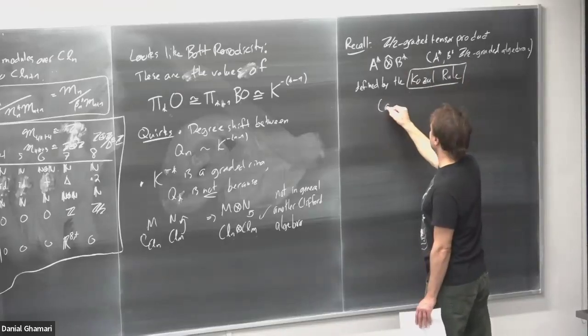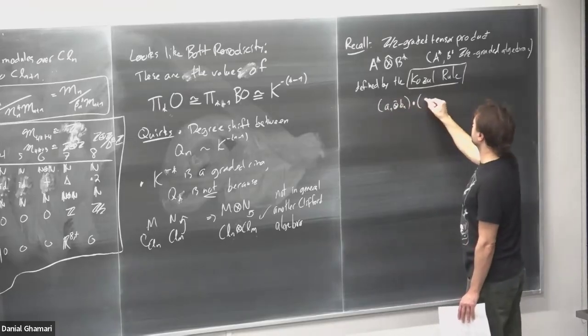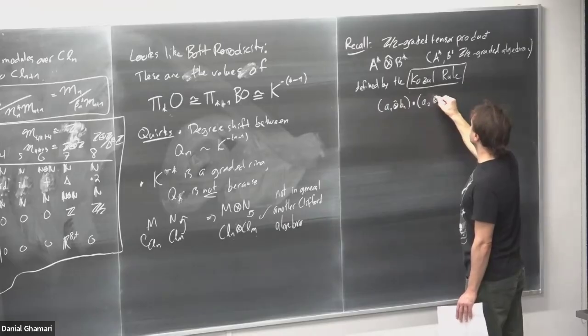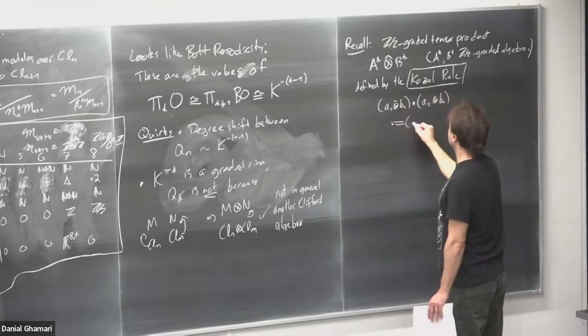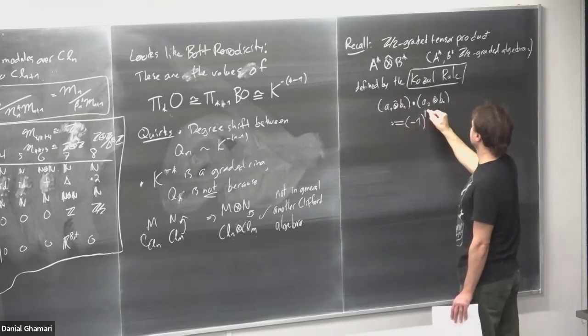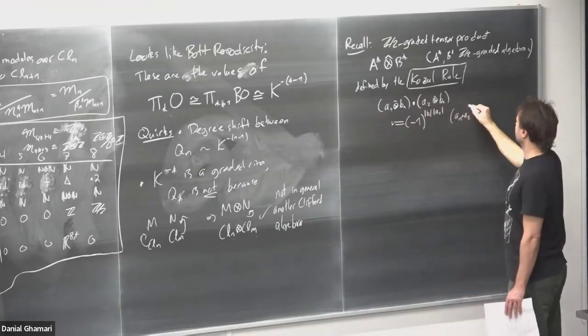Where if you have one pair A1 and B1, and then you take A2 and B2, we define this to be -1 to the degree of B1 times the degree of A2, and then the thing that we normally get.